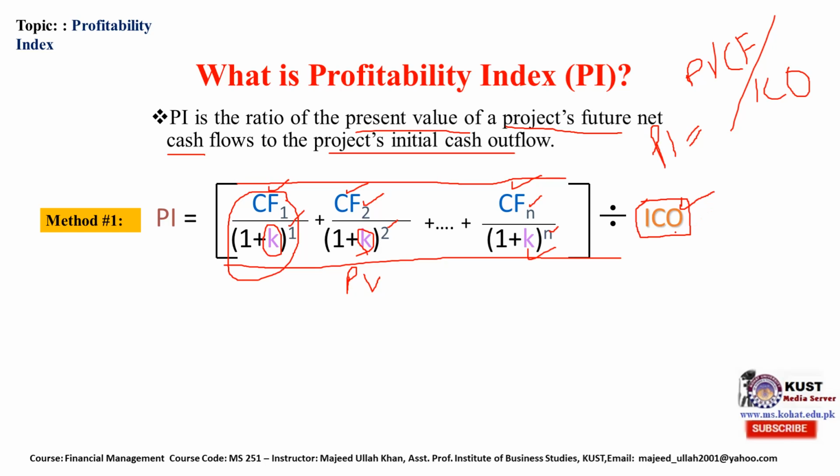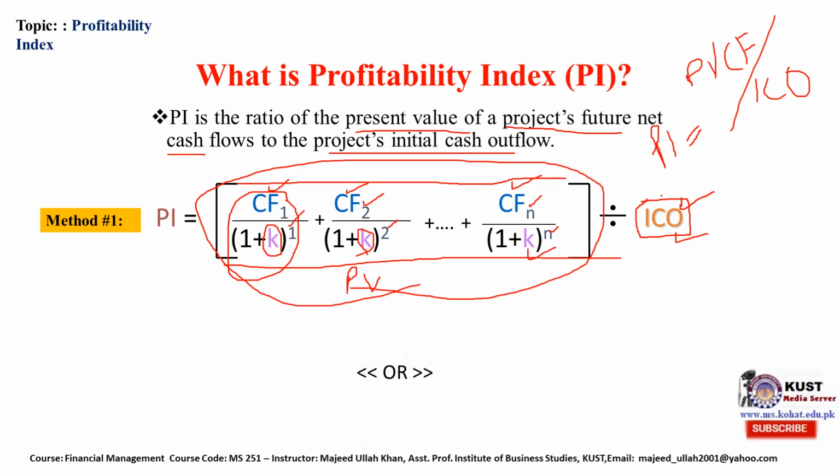If it is any other project, then we will call the initial costs that have been incurred before undertaking any project. So profitability index means the present value of our future cash flow divided by initial cash outlay.